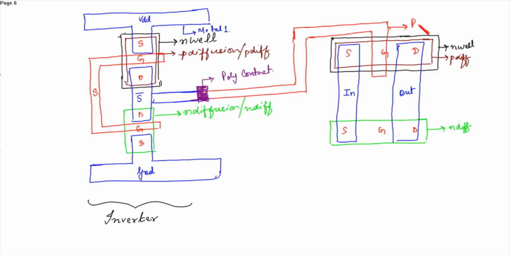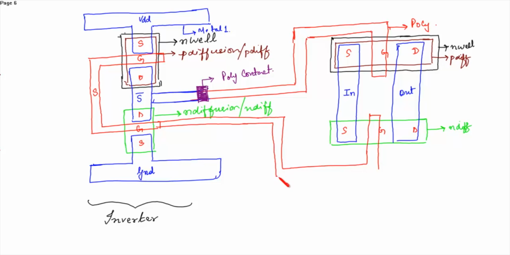So we do not need any contact. We can connect from here also. Now here we have got select, and here is the select bar.